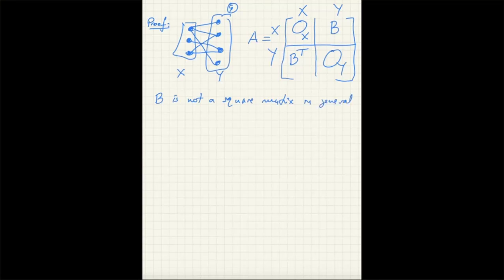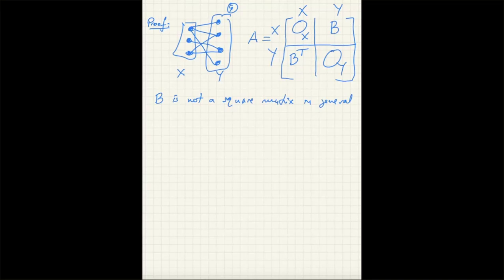As you see, it has the rows indexed by elements of X and the columns indexed by the elements of Y. It's a 0-1 matrix, but it's not a square matrix in general. Okay.